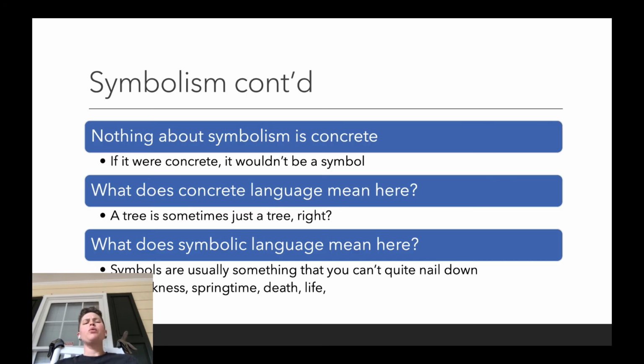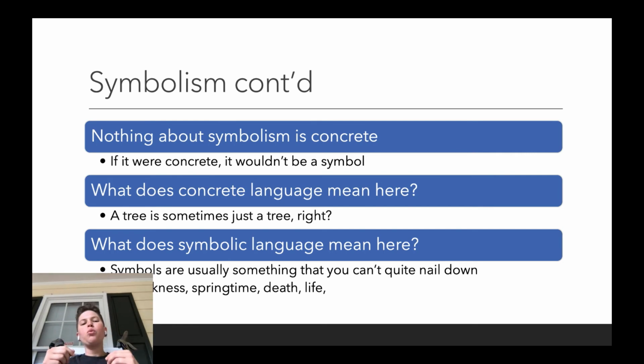So, I want you to remember when it comes to symbolism that nothing is concrete. Okay? By definition, a symbol is something that is abstract. Okay? It's something that is unattainable. Right? We don't understand death and springtime as something we can hold. We know what springtime is, but it's not something that we can hold, right?